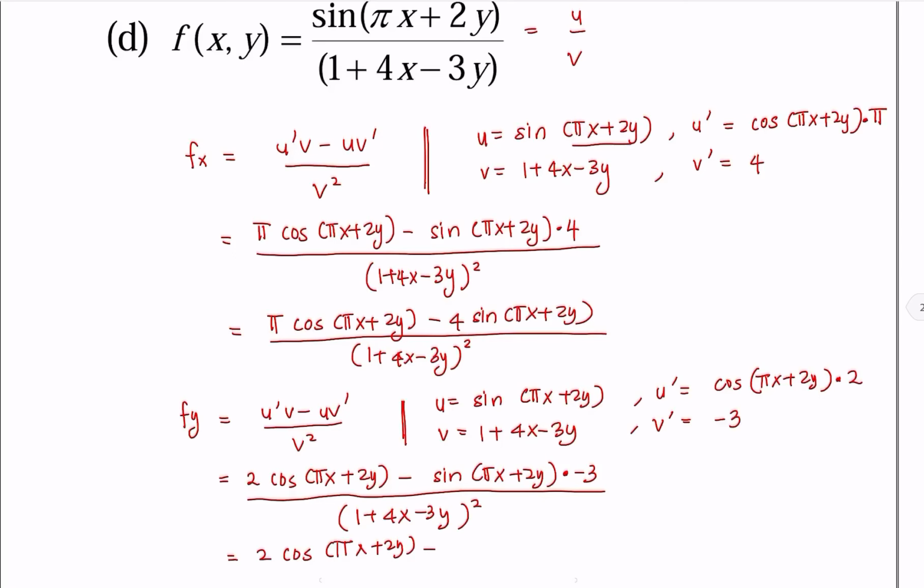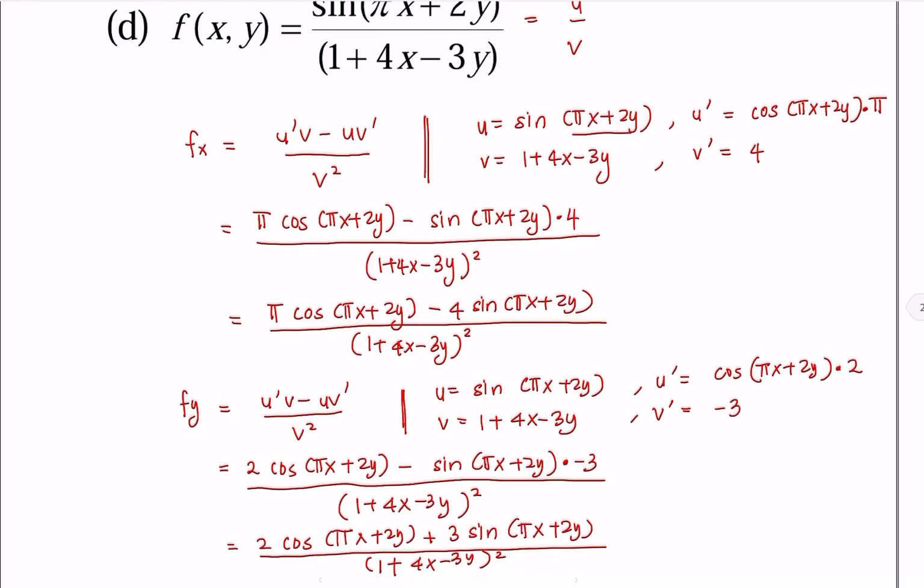We just simplify: minus minus becomes plus, so we have (2 cos(πx + 2y) + 3 sin(πx + 2y)) over (1 + 4x − 3y)².